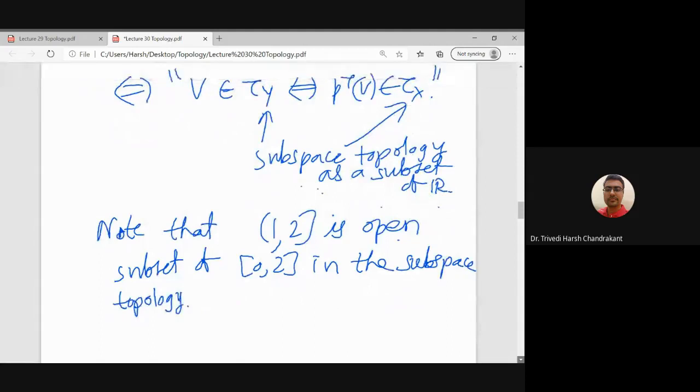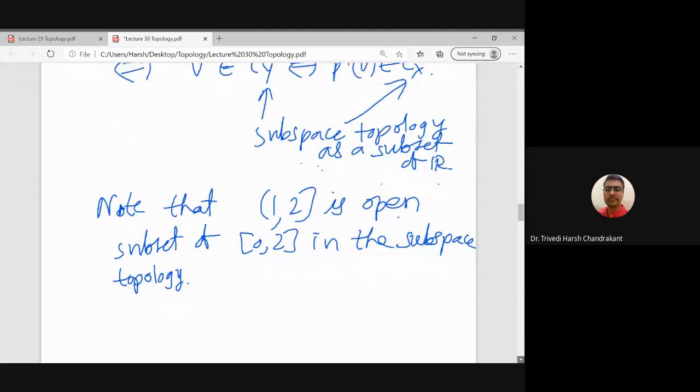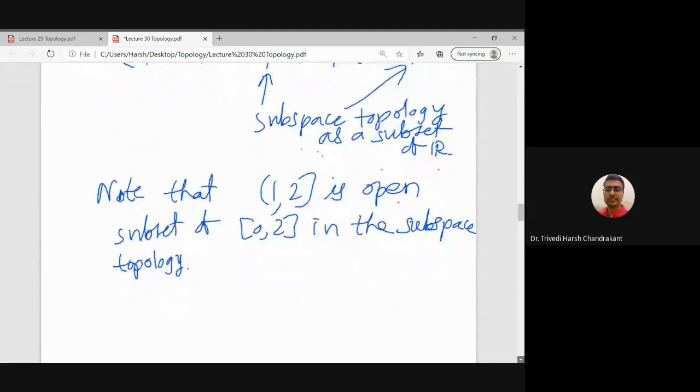If its inverse image is not open, then we will directly conclude that this function p is not a quotient map.